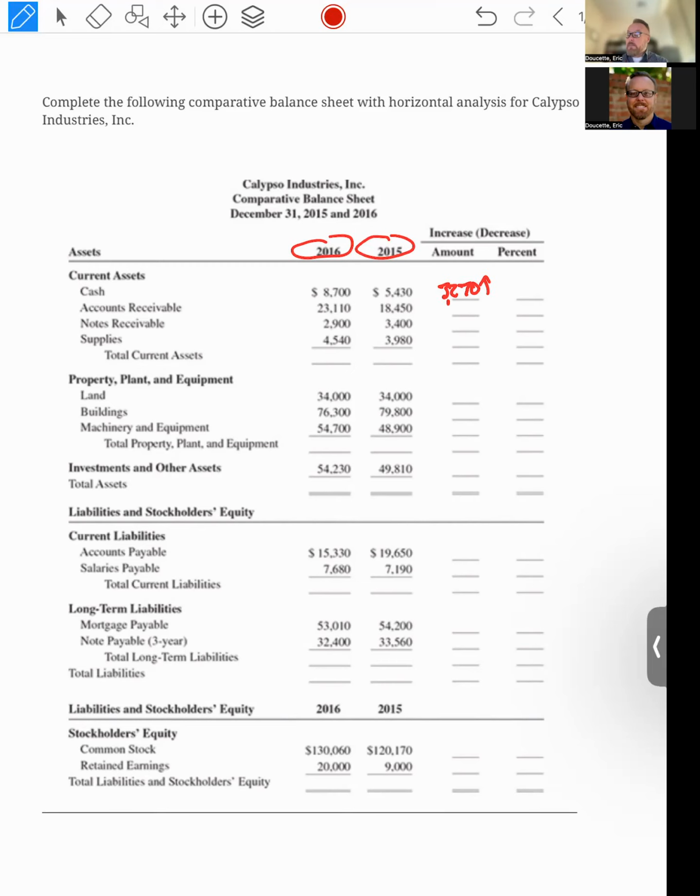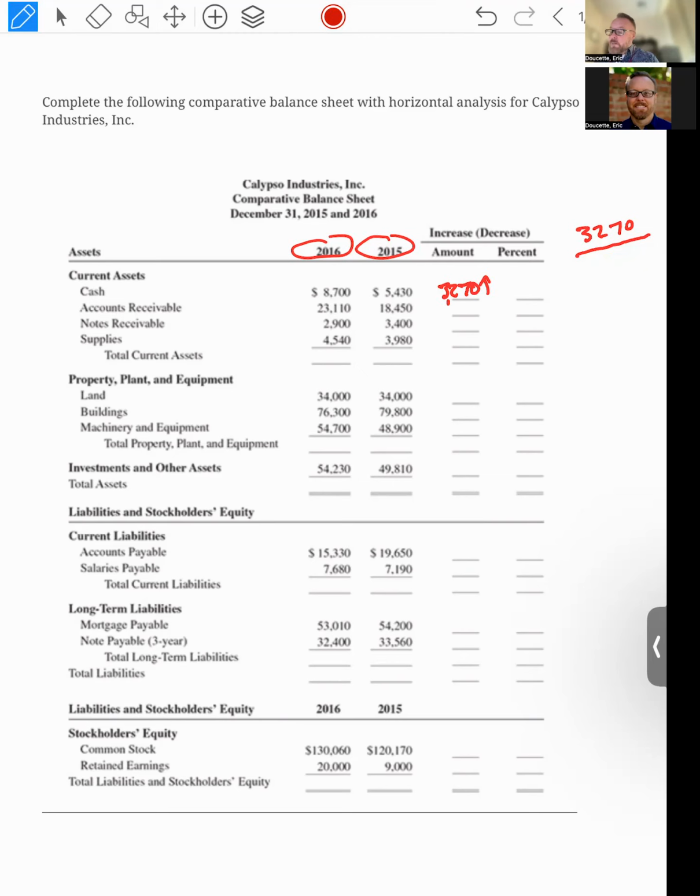So how do you figure out the percentage of change? Well, we know that it's $3,270 difference. So we want to use the difference. This comes back to the formula where we were solving for the difference, right? We found the difference between the two, and then we divided it by the original amount, and then that gave us the percentage of change.